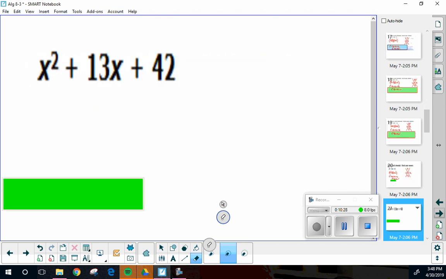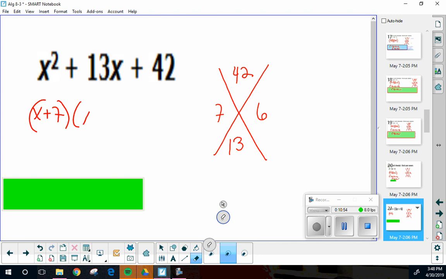And then we have x squared plus 13x plus 42. We have a 42 in the top, a 13 in the bottom. This would be 7, and this would be 6. And so this would be x plus 7, x plus 6.